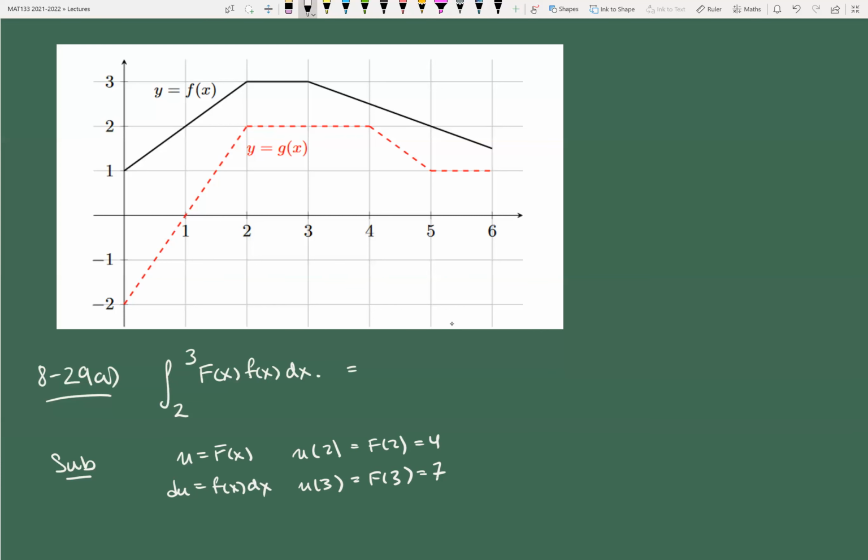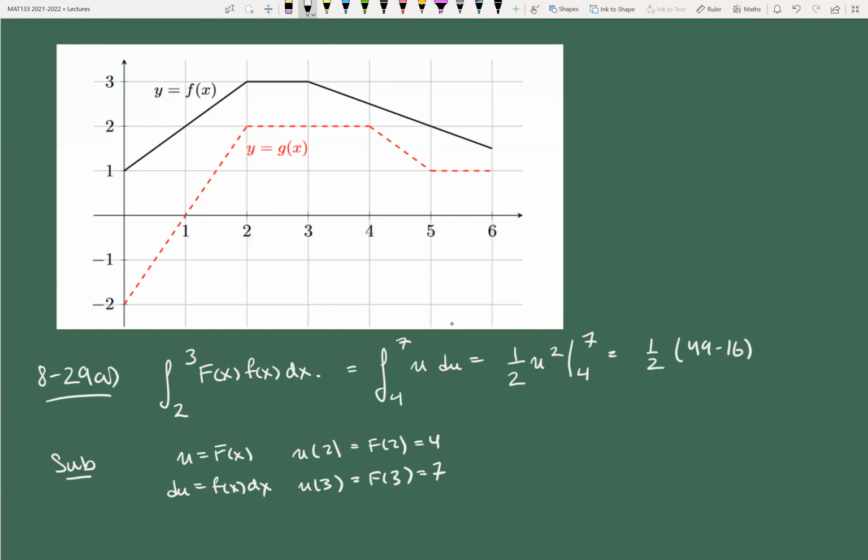Yeah, it looks right, unless the integral starts somewhere else. No, it starts at 0. So it's going to be the integral from 4 to 7 of u du, which is 1/2 u squared from 4 to 7, which is 1/2 times 49 minus 16.